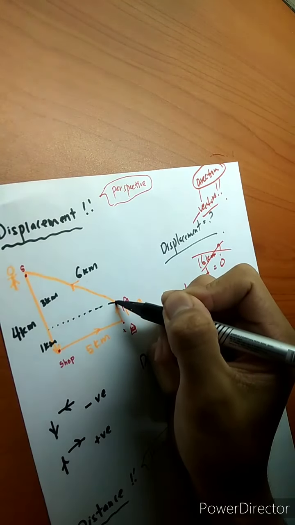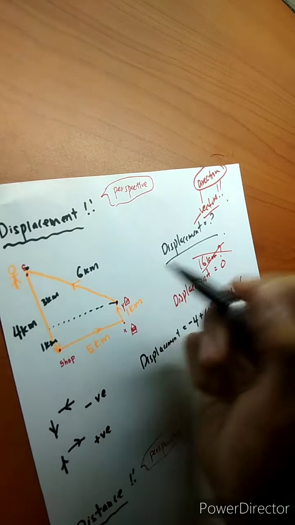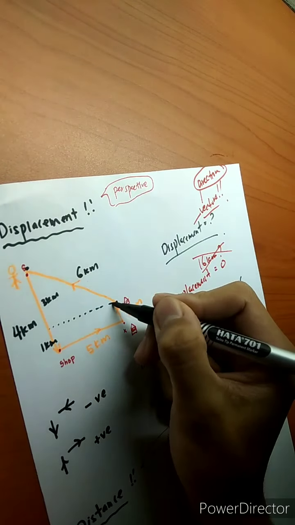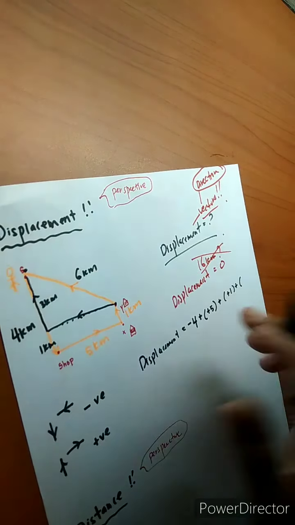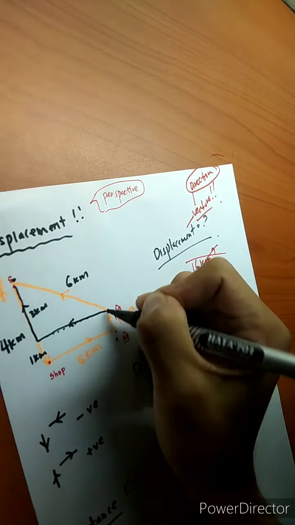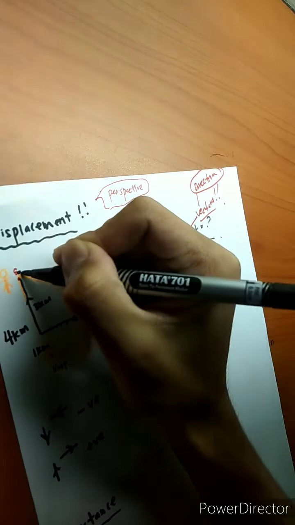So when you go from here to here, the alternative is the same thing, right? You can reach the same point by using this path.